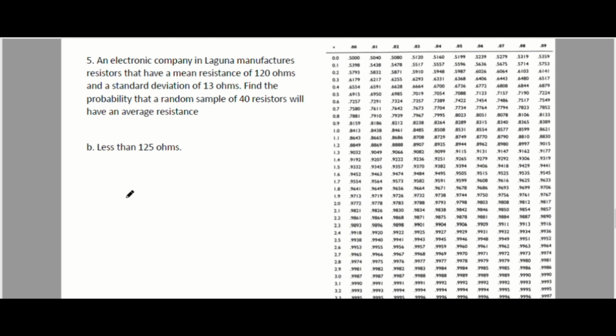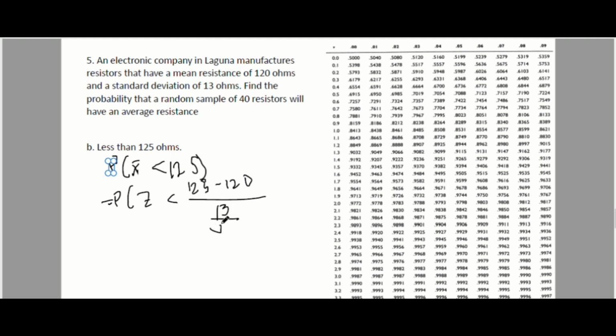Number 6, the same problem but less than 125. So P of X bar, or the sample mean, less than 125. P of Z less than 125 minus the population mean 120 over 13 over square root of 40. So using your calculator, you will get Z less than 2.43.